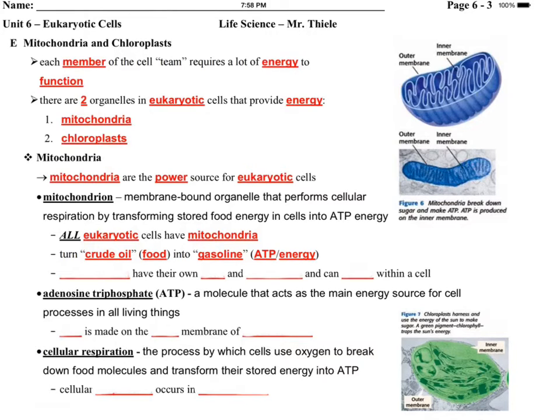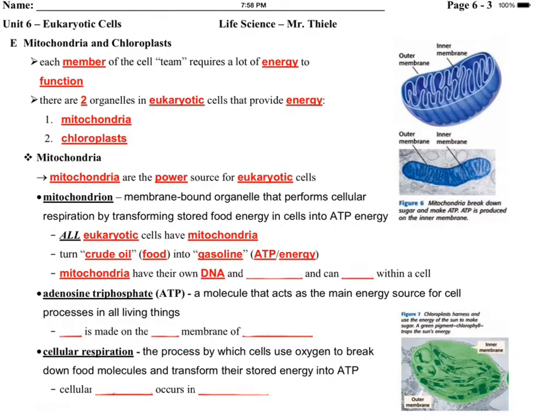We have to refine it and break it down through multiple steps, the last of which is performed by the mitochondria. They take that last bit of food that has stored energy in it and go through the last few chemical steps to break it down and release energy that is used to form this molecule called ATP, the actual gasoline on which our body runs.